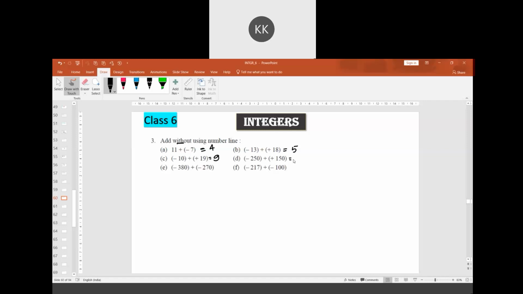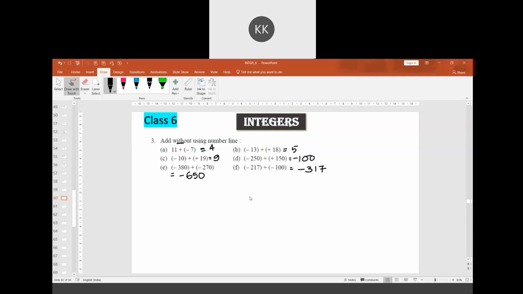For this one, when we look at the number, the larger is minus 250. So the minus 100 will be the answer. For E, it is minus 650 because both are negative. For F, it is minus 317.